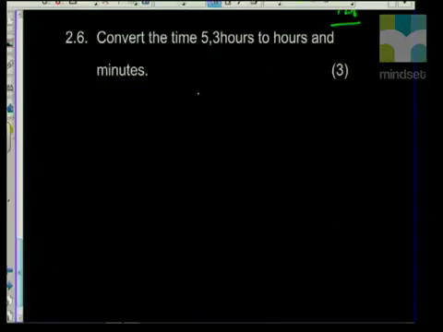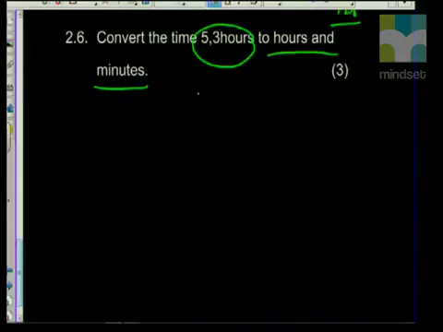Right, we need to convert 5,3 hours to hours and minutes. Now often when I've got a problem and I've solved it, it comes out with an answer like 5,3 hours. Now most of the time the examiners are expecting us to have an answer in hours and minutes. And 5,3 hours is only hours. It doesn't have a minutes component.